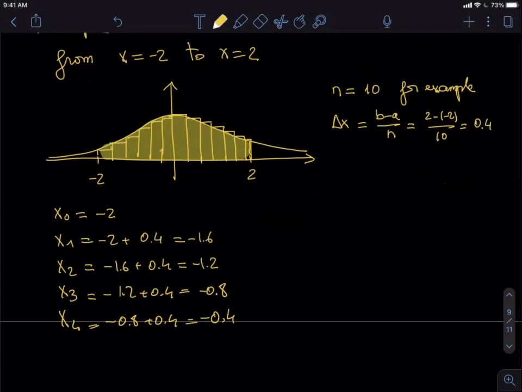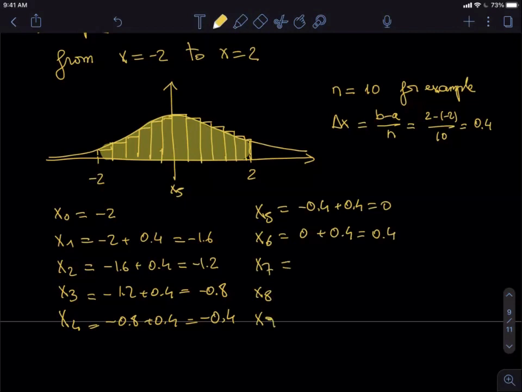Okay, then x5, which is -0.4 plus 0.4, that is 0. We are here right now. So this would be x5. Okay. So x6 is 0 plus 0.4 gives 0.4, 7, 8, 9, and then 10.